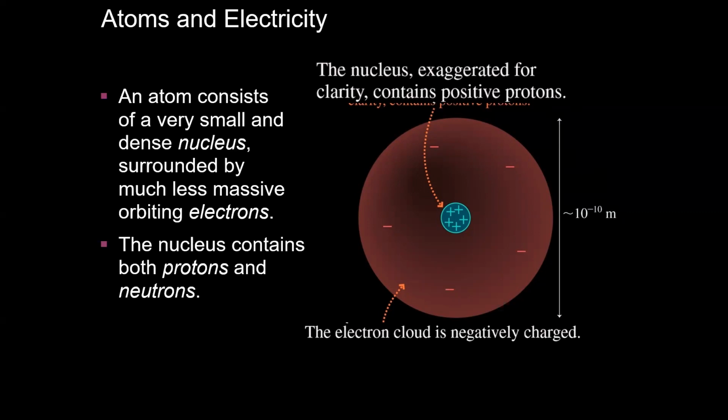Obviously in the nucleus, there are protons and neutrons, and the atom as a whole is electrically neutral, but its constituents are not. The nucleus is positively charged, and it's very dense, and the electrons are negatively charged. They're extremely lightweight compared to the nucleus. In fact, the electron is the lightest object with a known constant mass, actually.